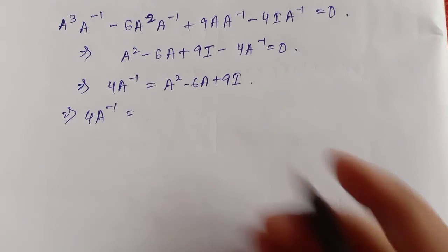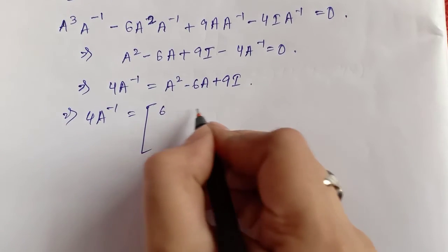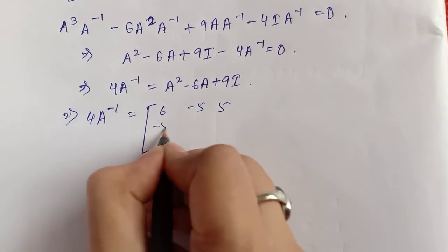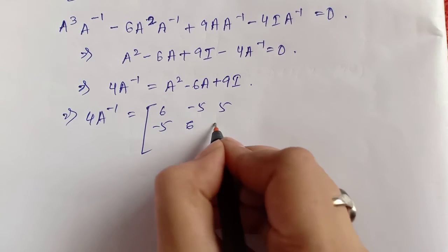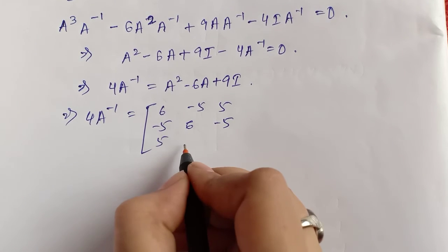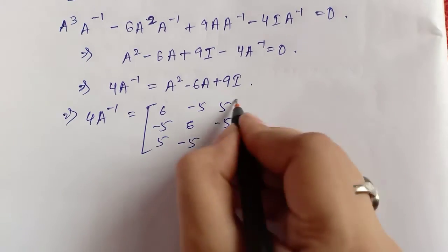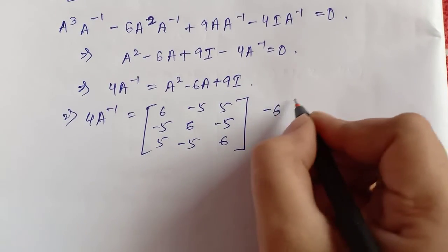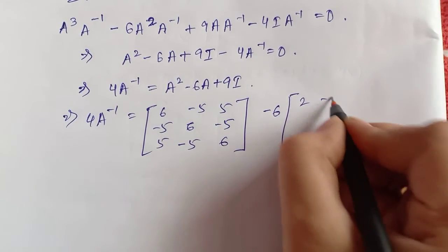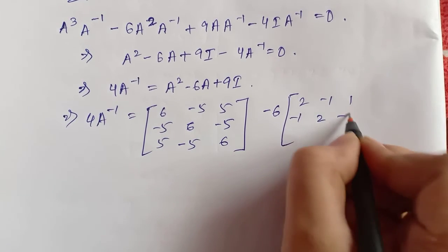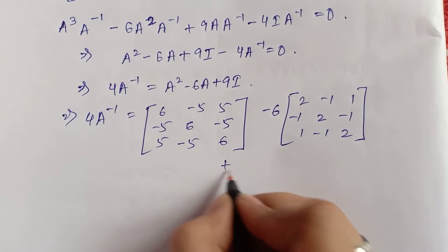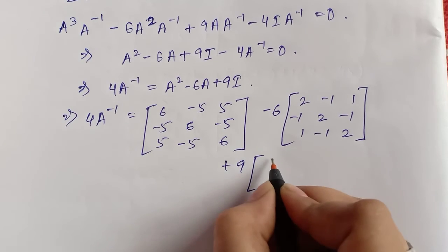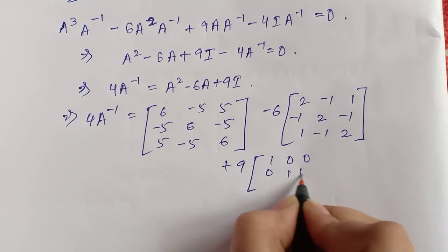So we are going to put the values again. This is the value of A square, minus 6 times the value of A, plus 9 times the unit matrix.